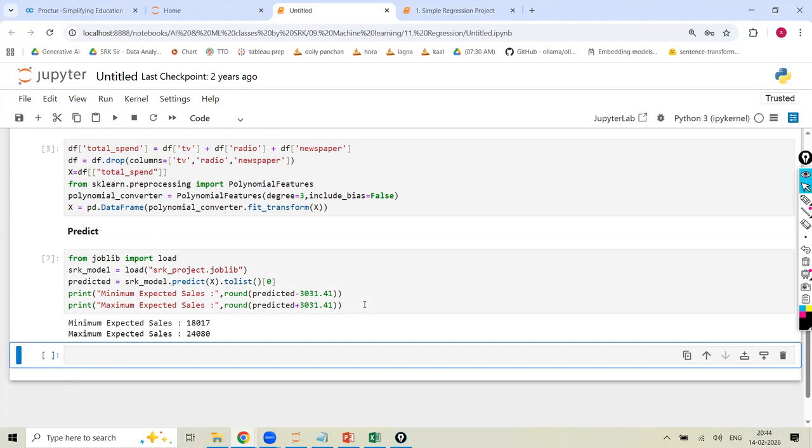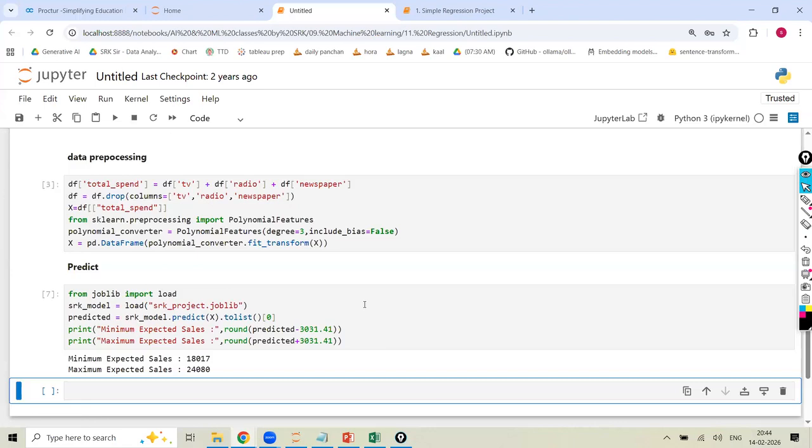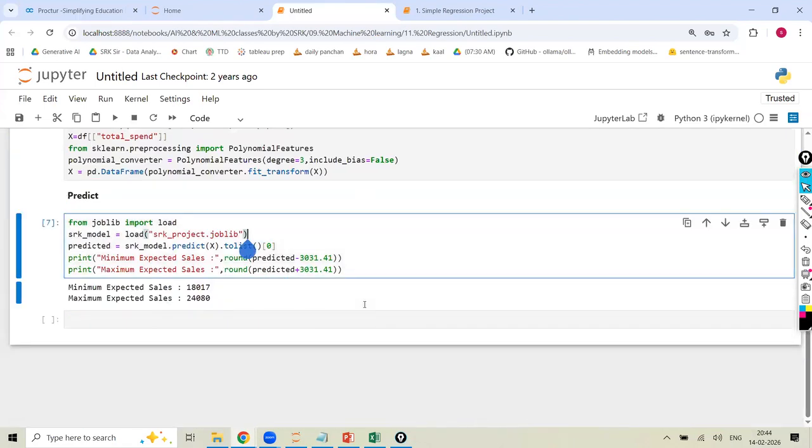Now, the data will be in this range. Remove the 75% accuracy; now it is 75% in this range. Is the point clear, guys? Everyone understood? Minimum expected sales. Based on the money you are investing here, you can expect a minimum of 18,000 to a maximum of 24,000.